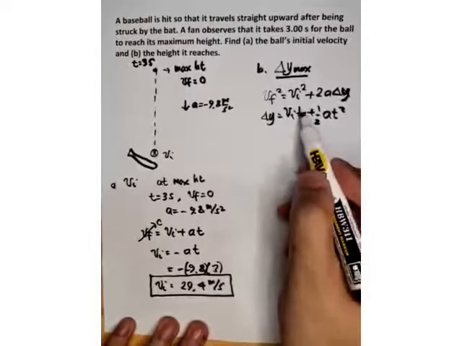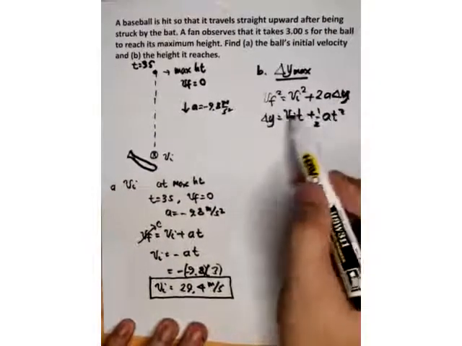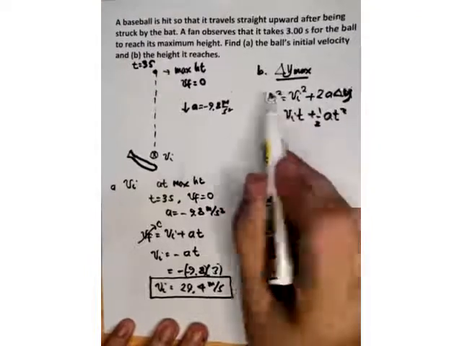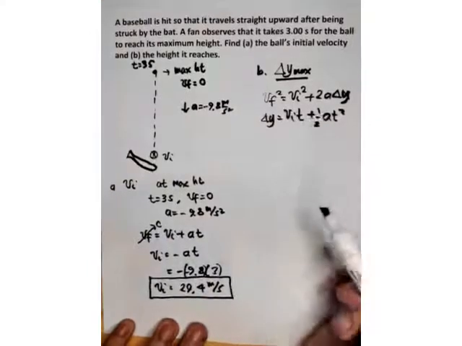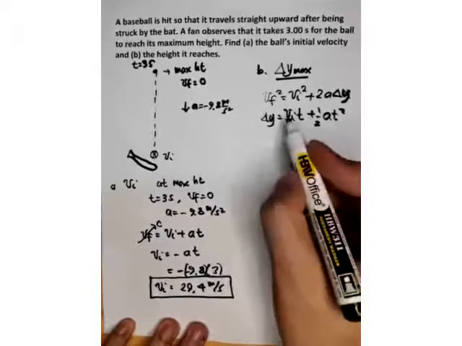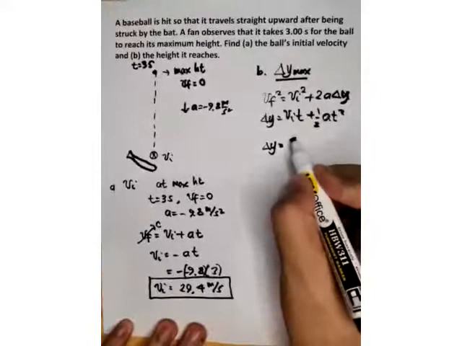Bakit to pwedeng gamitin? Kasi meron naman tayong given na time. Hinahanap natin yung delta y. Given naman kasi tayo ng final velocity, which is 0. Kaya kahit anong gamitin natin sa dalawa, pwede naman. Okay? So, ako ito na lang gagamitin ko kasi ayaw mag-transpose.